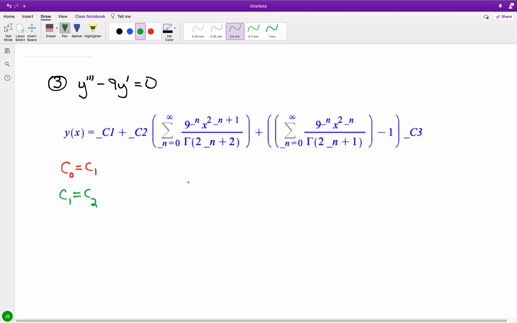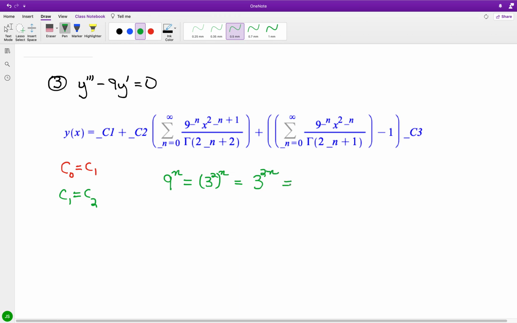Taking what we have at the moment, in this particular layout, we have 9 to the n. If I put this in terms of base 3, you have 3 squared to the n, and this is going to be 3 raised to the 2n degree.